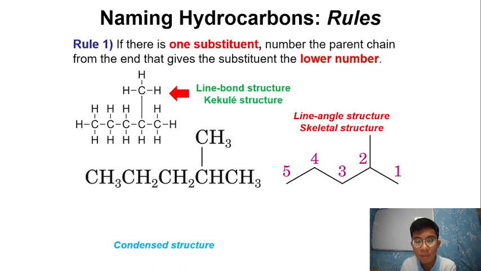So, paano ba natin papangalanan? Okay, yung mas madali dito kasi ay ito, yung sa skeletal structure. Though nakita nyo na yung name. So, based on the structure, magtatanong kayo sa sarili nyo, aling end yung sisimulan nyo? It's either galing ba kayo sa left or sa right.